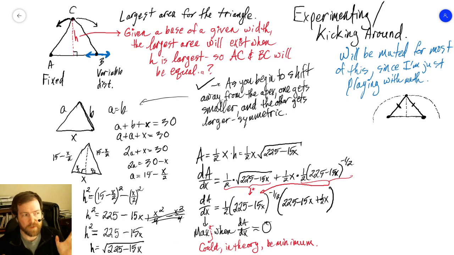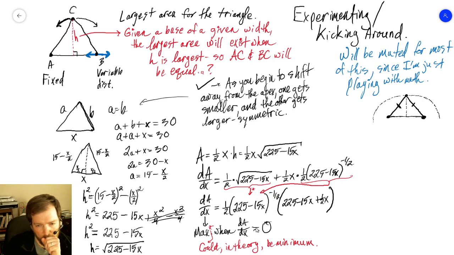This could, in theory, be a minimum, but you just want to keep that in mind. Again, we know it's going to be a maximum because we just did this diagram over here, and the height's only going to get shorter if you go off to the side. So, yeah, it's going to have to be a maximum.